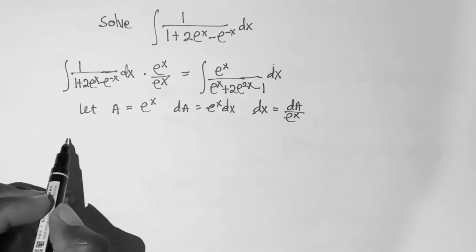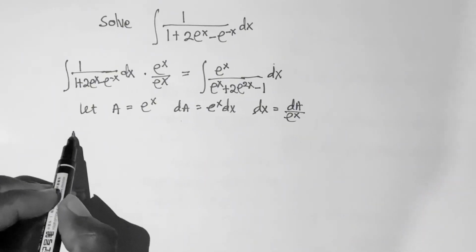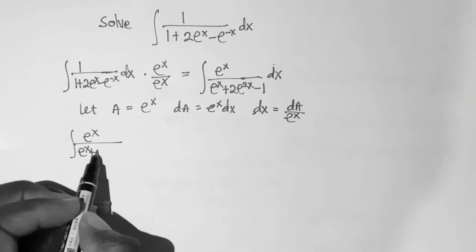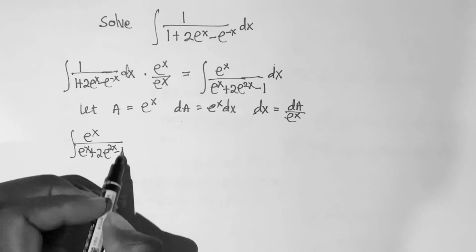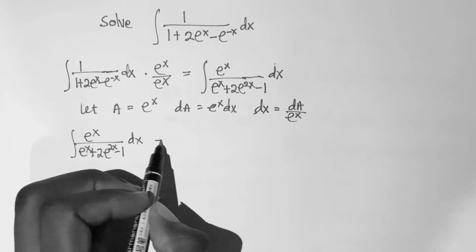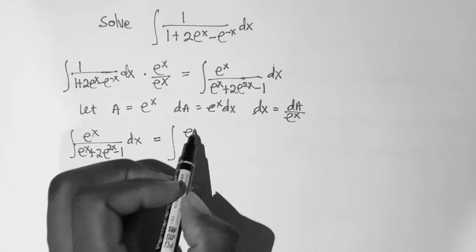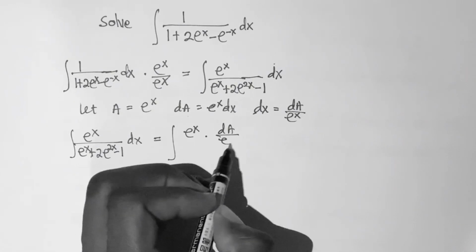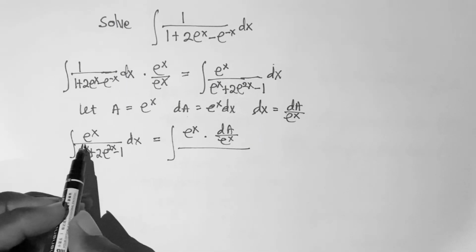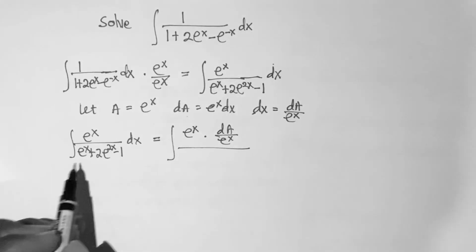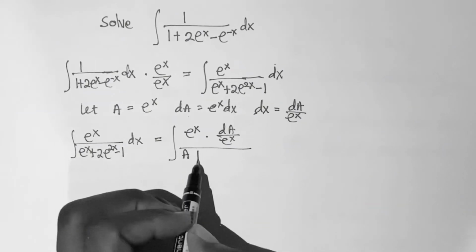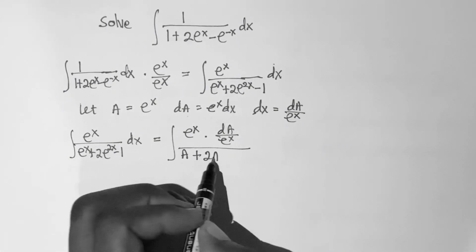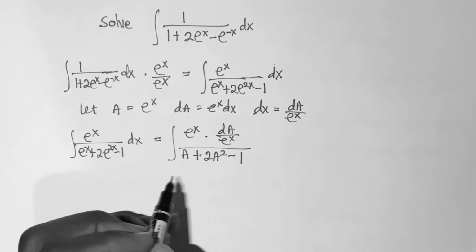So now this integral, which is the integral of e to the x divided by e to the x plus 2 e to the 2x minus 1 dx, can be written as e to the x, then dx in this case is times dA divided by e to the x, then divided by, now remember we said let A be e to the x, so here will become A, then plus 2 e to the 2x can be written as 2A squared and then minus 1.